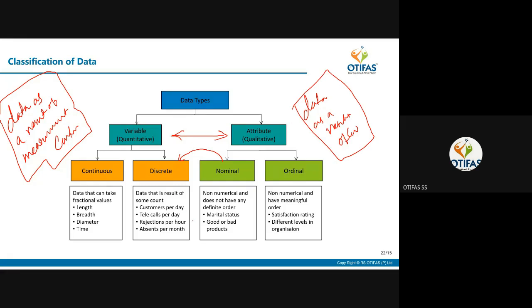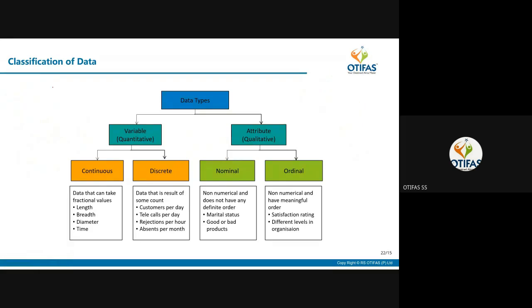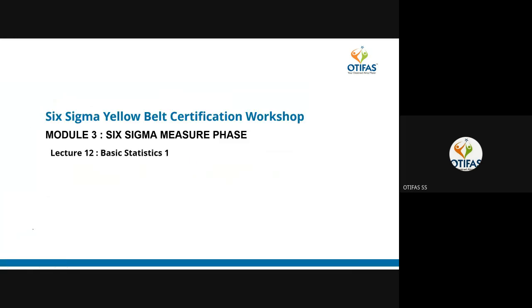So just understand this way only. Okay, very simple. Variable or continuous, both are data as a result of measurement. And count data, data as a result of count, can be taken as attribute data or discrete data, likewise. That's the best way to understand. Okay.